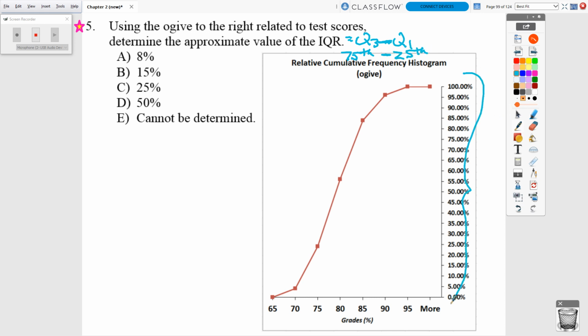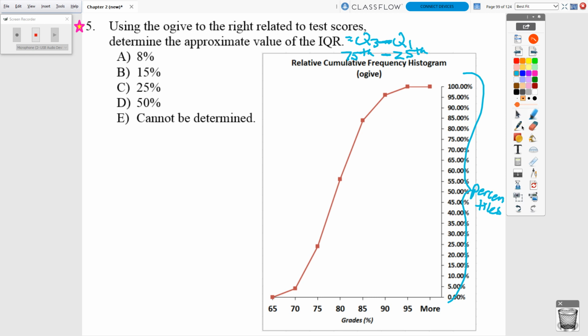The vertical axis here represents our percentiles. You might also see it represented as the cumulative relative frequency. These are essentially either written as percents, or maybe as decimals from 0.0 up to 1.0.